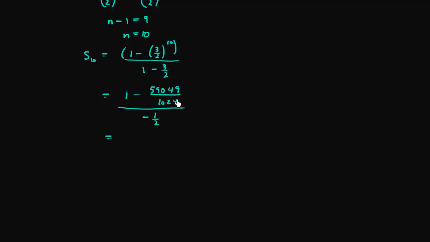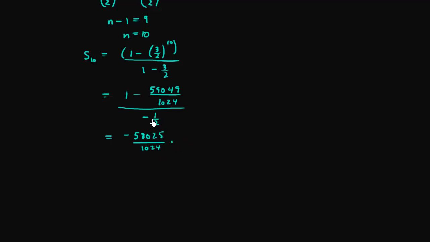So if we do 1,024 minus 59,049, we get minus 58,025, divided by 1,024.